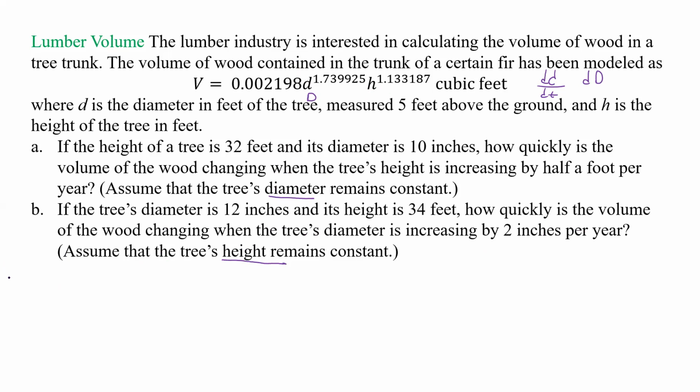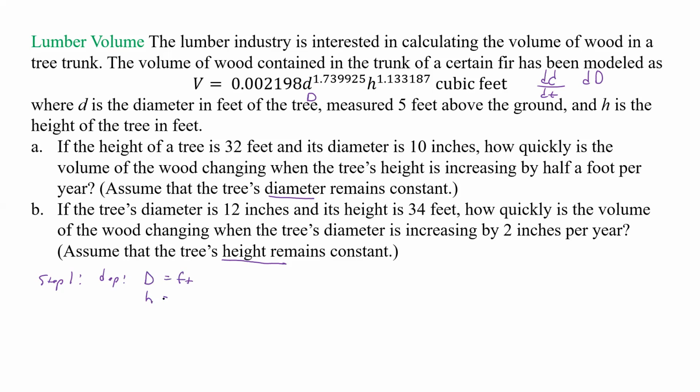So let's do these. So let's do step 1. And again, if you do this always the same way every time, then you're not going to have much confusion, or hopefully not as much. And so we need our dependent variables. And what are they? Well, they're D and H. And so again, I'm going to call that D, and that's going to be in feet.